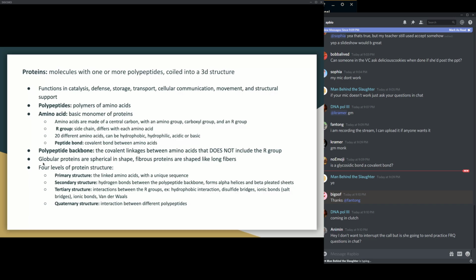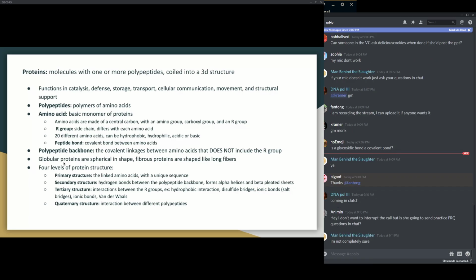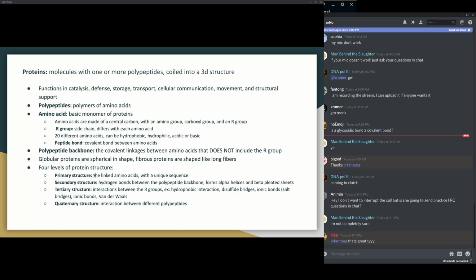You also need to know about globular proteins, which are spherical, and fibrous proteins, which are like long fibers. The next thing to know is how proteins fold. You have a primary structure, which is the amino acids linked together in a specific sequence.